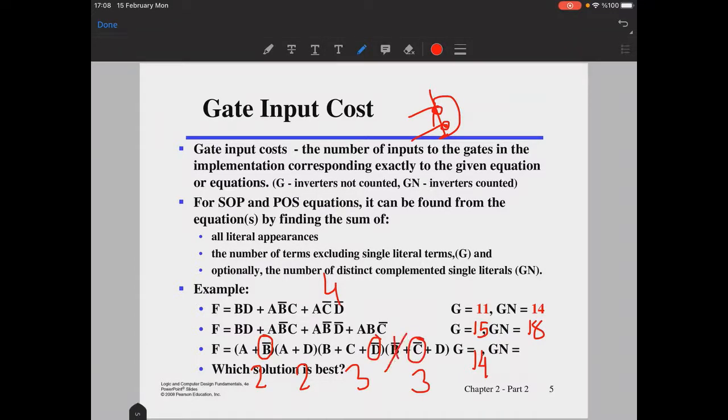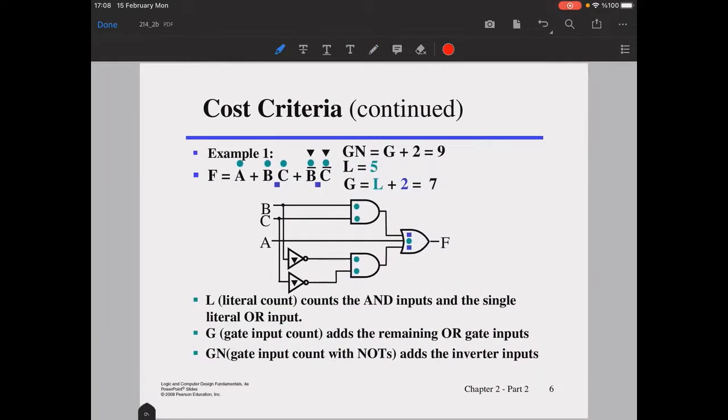No need for this one. No need to repeat. It is redundant. So you will have 17 as gate input cost with nots. Which one is the best solution? Of course, the lowest one. So the first one is again the best solution, the cheapest solution, we can say.